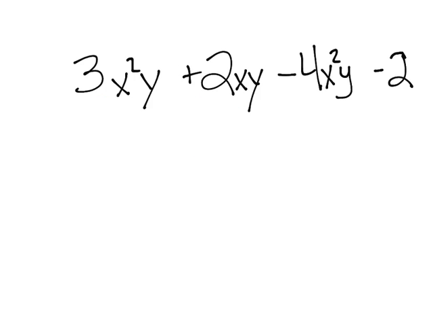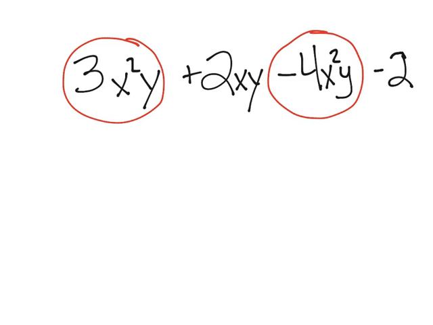Finally, in the third example, we're simply looking again to combine like terms. In this case, 3x squared y and negative 4x squared y are like terms. You'll notice that 2xy and negative 2 don't match anything else, so they'll simply move on to the final answer. 3x squared y minus 4x squared y will give us negative 1x squared y.